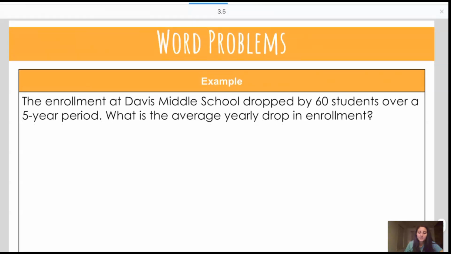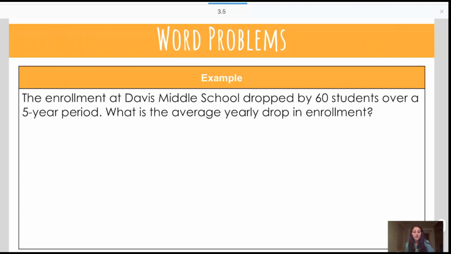All right, we're going to end today's lesson with some word problems. So this first word problem says, the enrollment at Davis Middle School dropped by 60 students over a 5-year period. What is the average yearly drop in enrollment? So the average yearly drop means they want to know about how many students dropped per year.